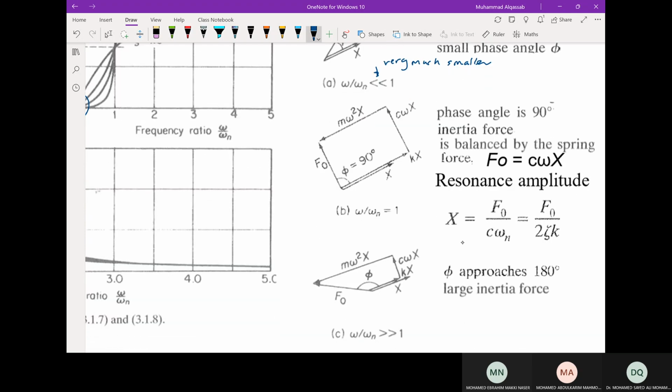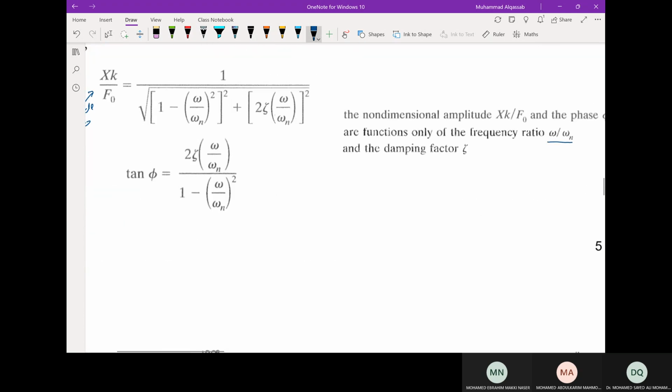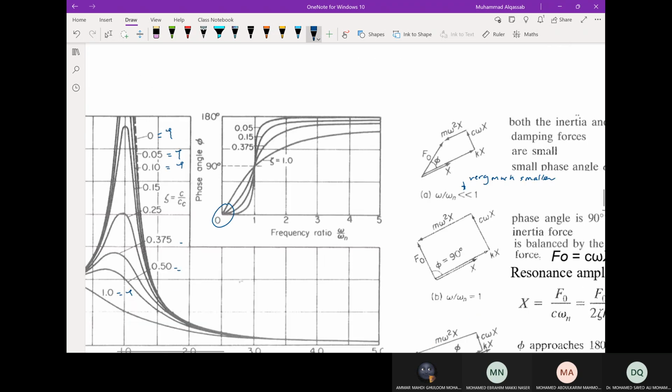If omega over omega n equal to 1, you will have a division by 0 in the phase. So 2 zeta omega over omega n over 0 is equal to infinity at omega over omega n equal to 1. And this is the case when the phase is 90 degrees. So regardless of the value of zeta, if you have omega over omega n equal to 1, the phase is equal to 90 for all zeta.